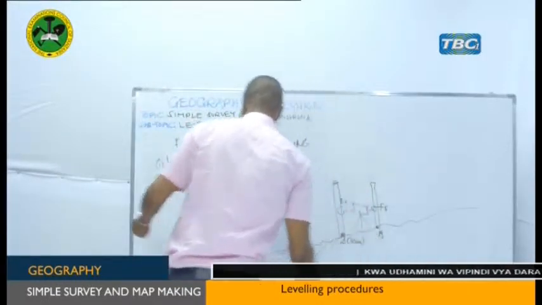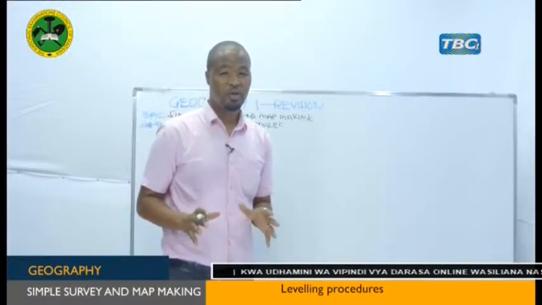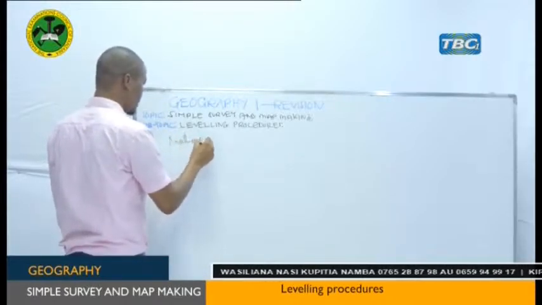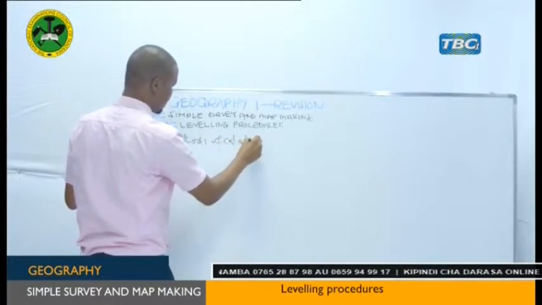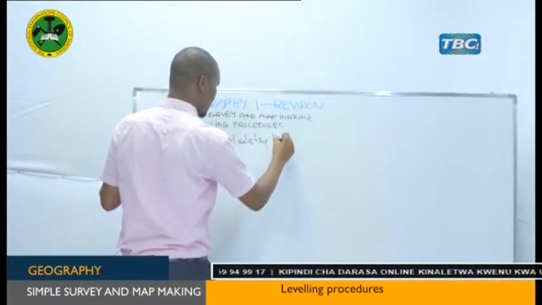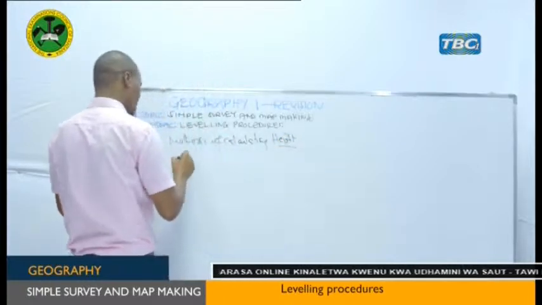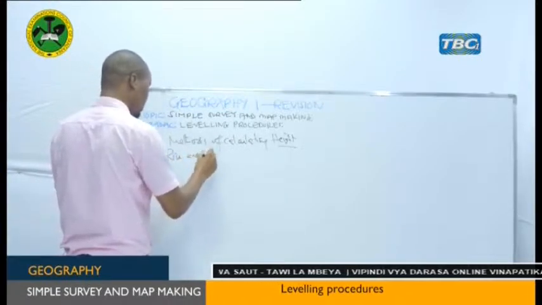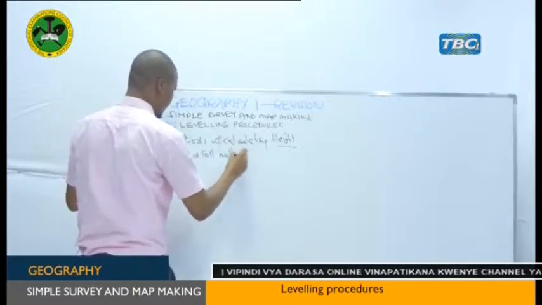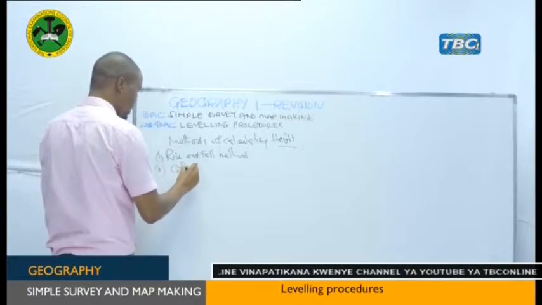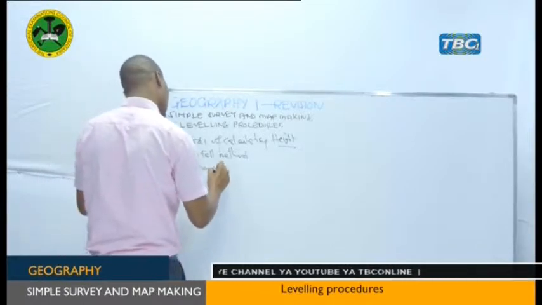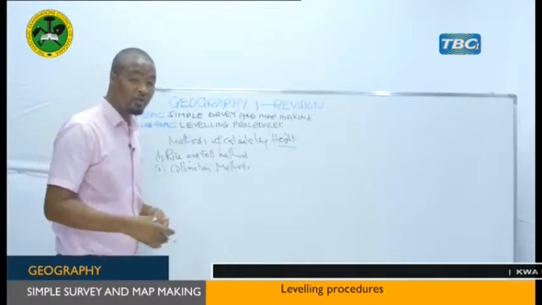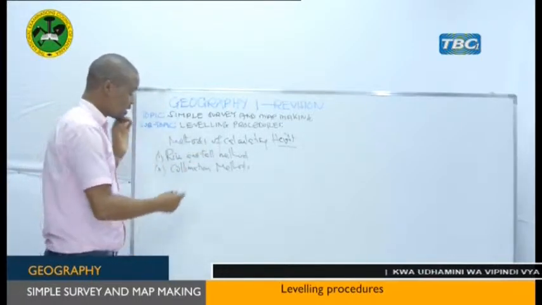So let's see the methods of calculating height during leveling survey procedures. In leveling survey, we have the rise and fall method as well as the collimation method. Listen to me very carefully, students, please. We have two methods of calculating the height or elevation between two or more points on the ground.